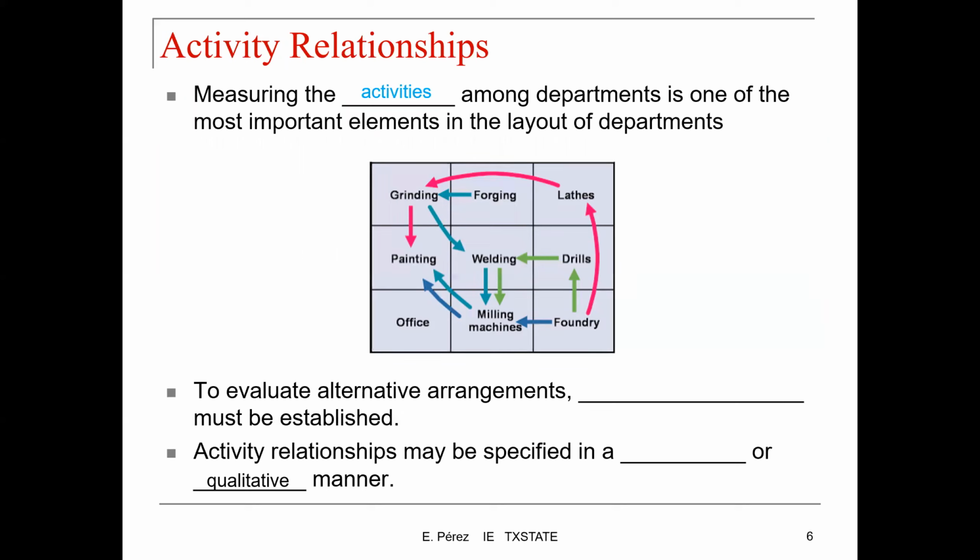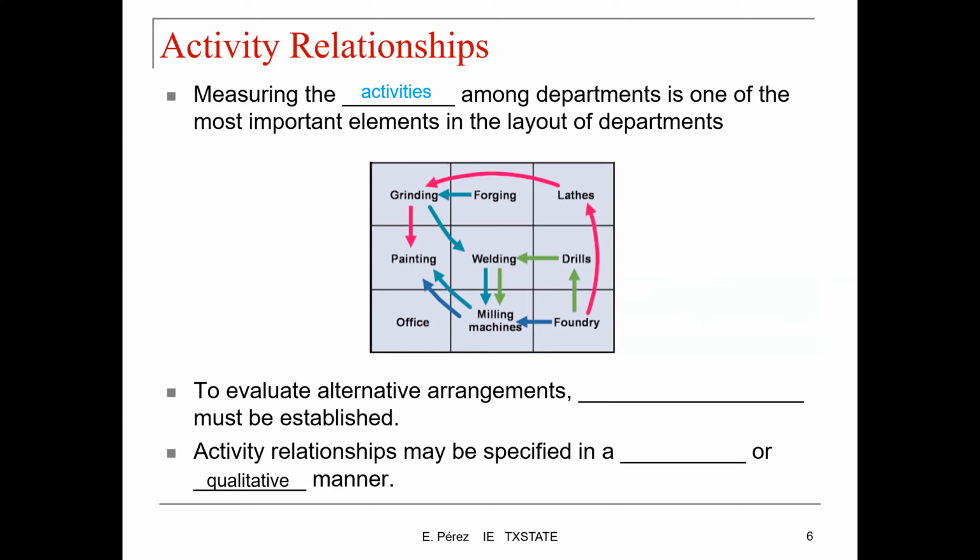Measuring the activities among departments is one of the most important elements in the layout of departments. Basically, we want to take into account the flow between, let's say, departments or different areas in the company in order for us to determine where an office or a particular department should be located on the floor.